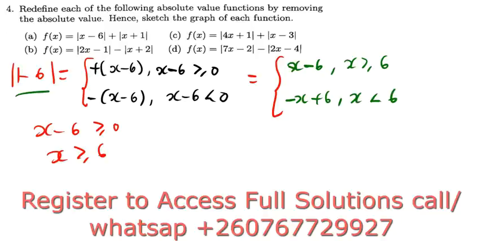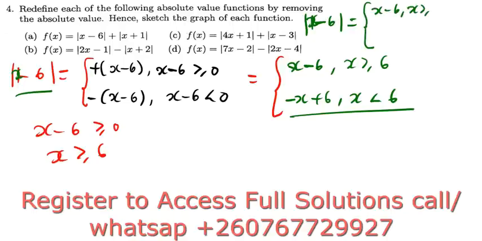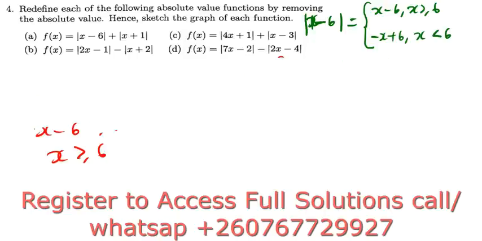So I've redefined x minus 6 to be equal to x minus 6, comma, x is greater than or equal to 6, then negative x plus 6, the condition that x should be less than 6. I've redefined it. Now let's also go ahead and redefine the second one, which is x plus 1.